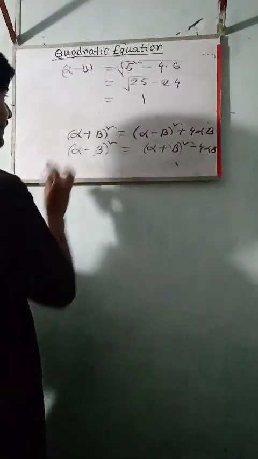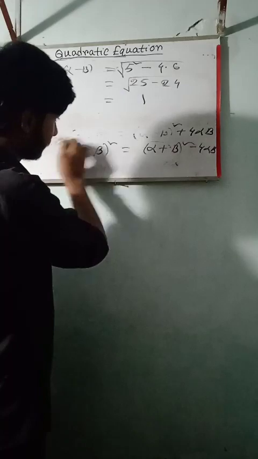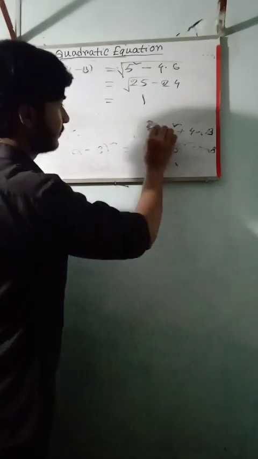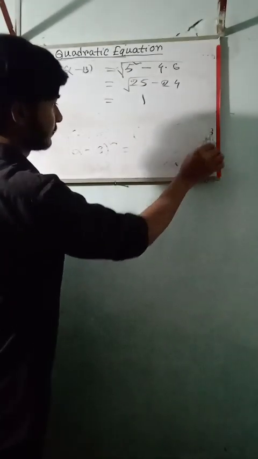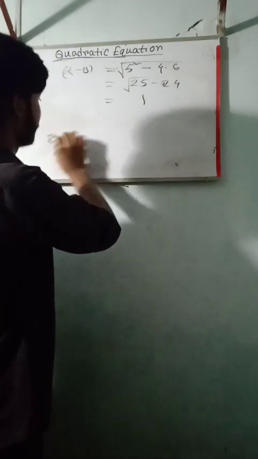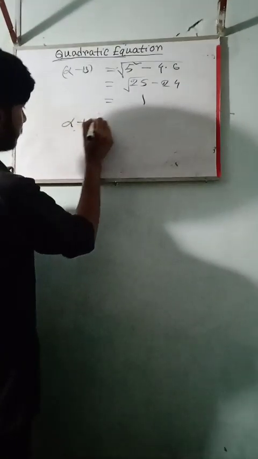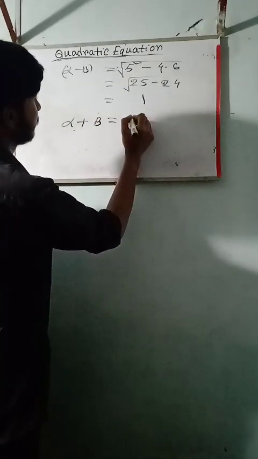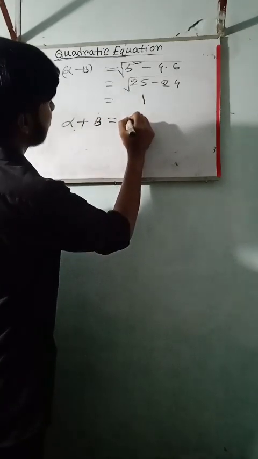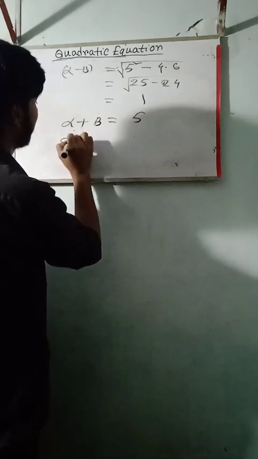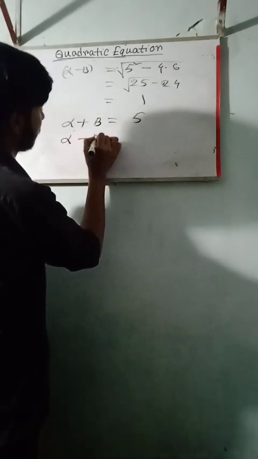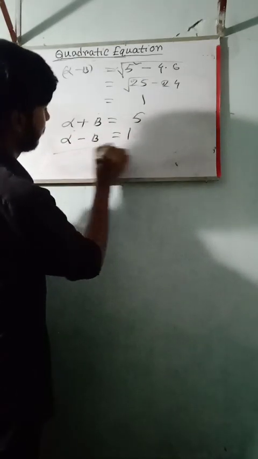Now we have alpha plus beta and alpha minus beta. Now we can easily solve for alpha and beta. So alpha plus beta is equal to 5 and alpha minus beta is equal to 1.